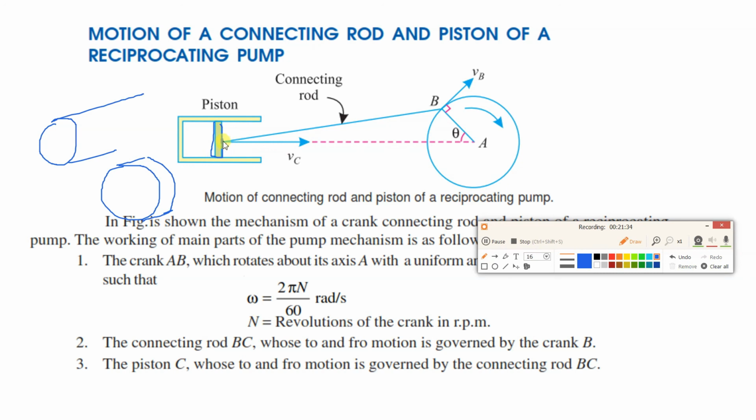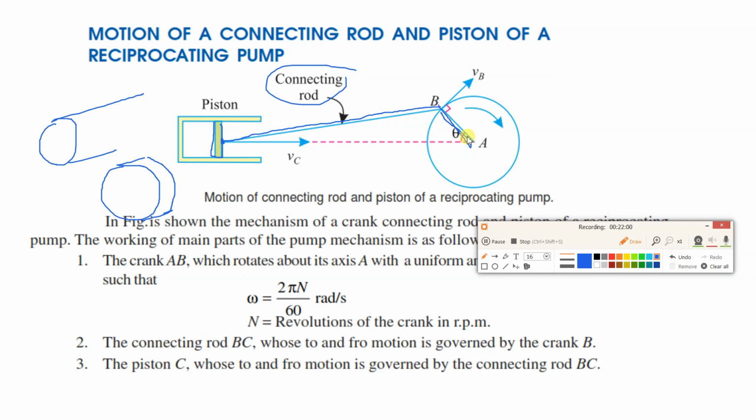Now from this point to point B is called the connecting rod, and B to A is known as the crankshaft. At the center we attach a motor. If you supply electricity, the motor's shaft will rotate. So point A will make this crankshaft rotate in clockwise direction, suppose.